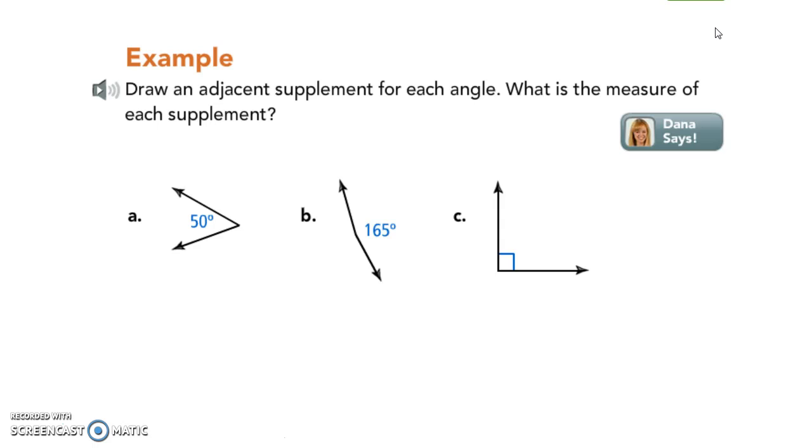For adjacent supplement, same idea, only what would add on to that angle to give me 180. So here, 50 would add on to 130, 165 would add on to 15, and then a 90 degree would be another 90 degree angle. Those would add to equal 180.